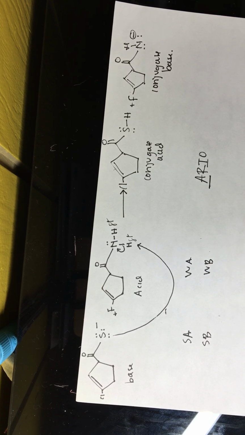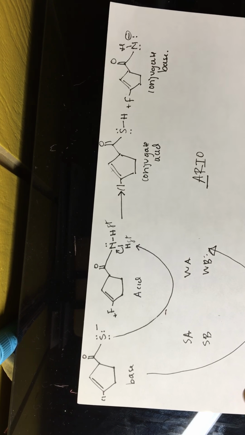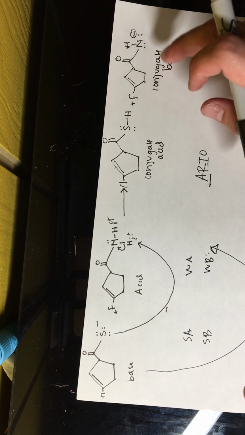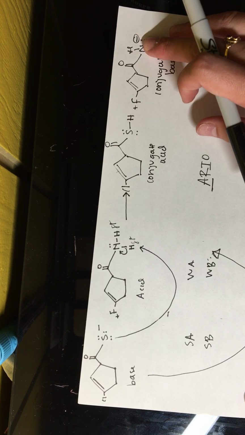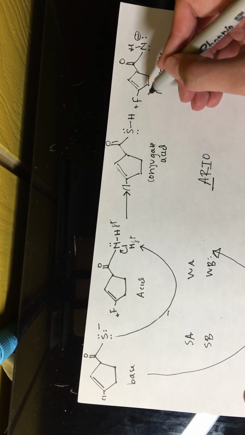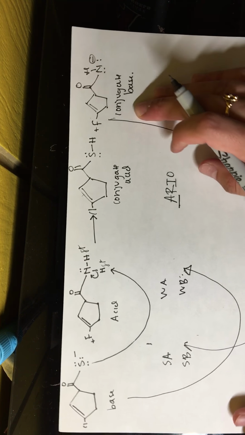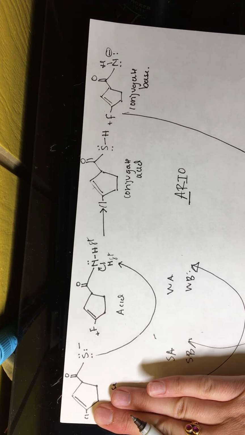Since it's more stable, it's going to be a weaker base. It's not going to react as readily as this base over here. Because this nitrogen is a little more unstable, it's going to react a lot more readily, and we're going to consider that a strong base. So this is a strong base, this is our weak base.